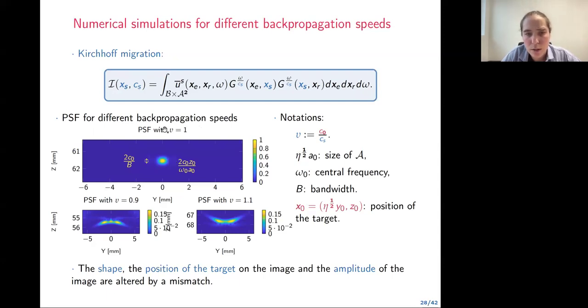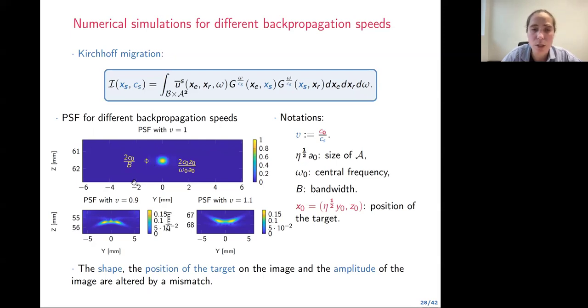Okay, so some notations here. Nu is the ratio between C0, the true speed, and cs, the backpropagation speed. On top here, you have the PSF for the true speed. So you retrieve exactly what you expect, which is a bright spot that has the proper dimension as the state-of-the-art literature.